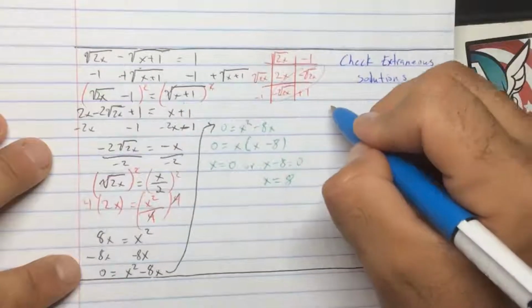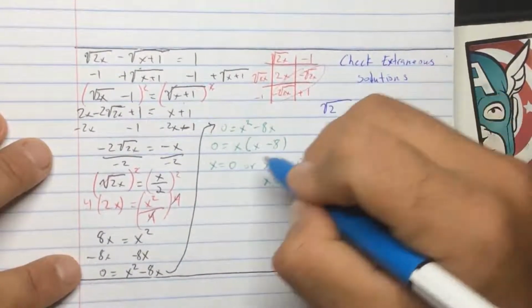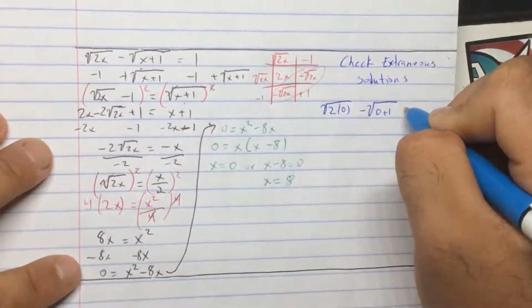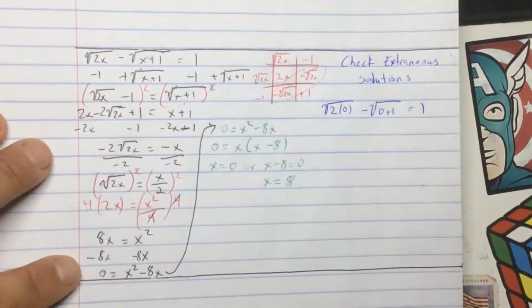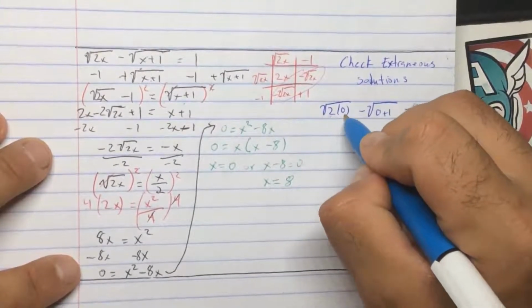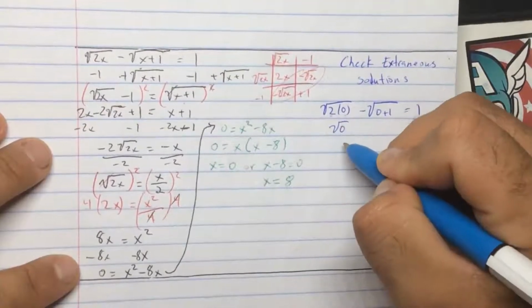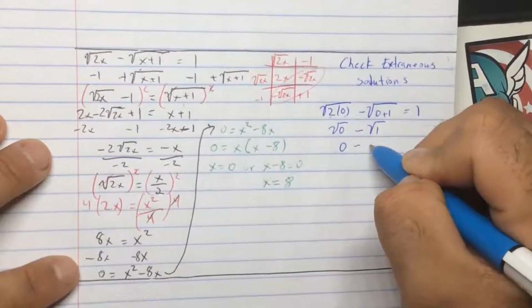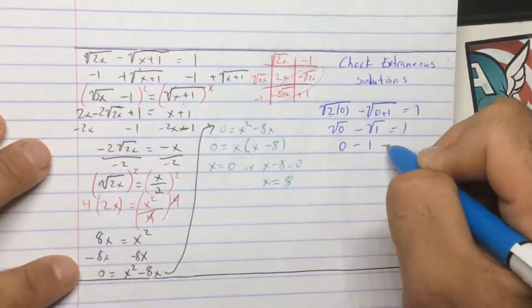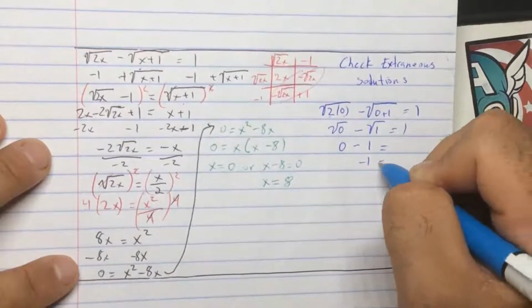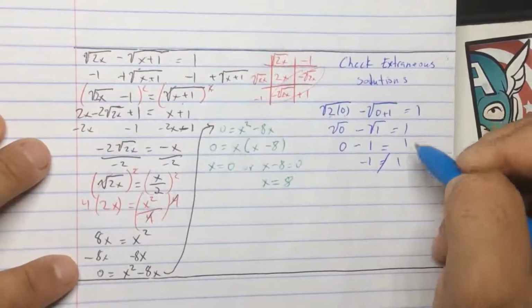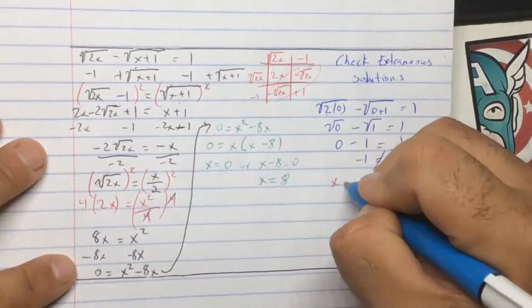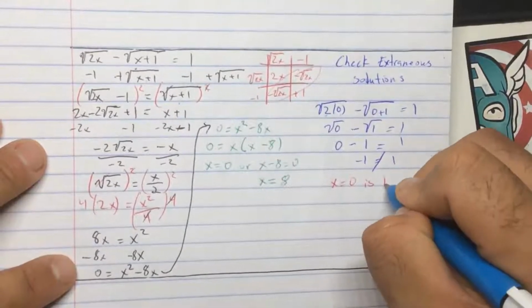We have the square root of 2 times 0 minus the square root of 0 plus 1 equals 1. 2 times 0 is 0, so the square root of 0 is 0, minus the square root of 1, which is minus 1, is equal to 1. So negative 1 does not equal 1, so we know that x equals 0 is extraneous.